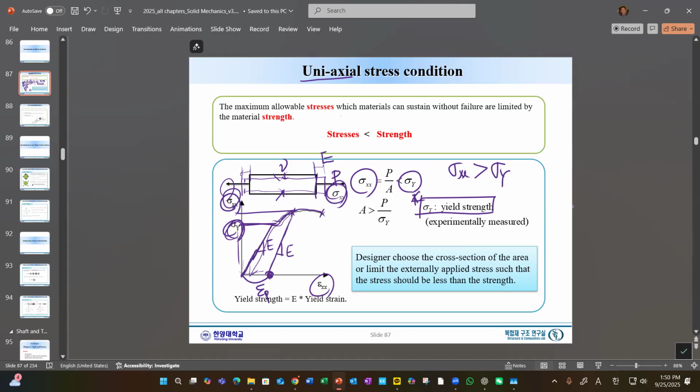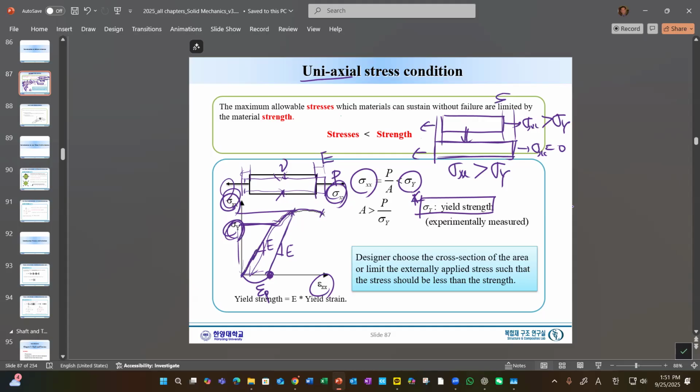What does it mean? It means that we apply a stress sigma xx larger than sigma y, and then even though sigma xx is now 0, we didn't apply anything, this is longer than the original length, right?